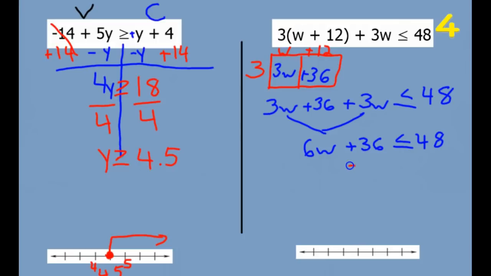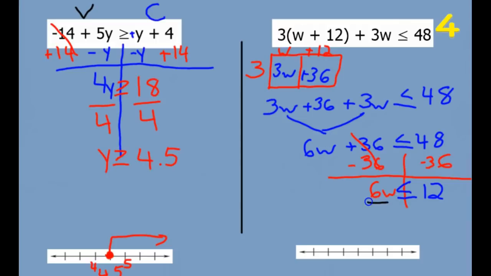Now we need to subtract the 36 to get rid of it on this side, and subtract 36 over here. Those cancel out. What we're left with is 6W is less than or equal to 48 minus 36, which is 12.